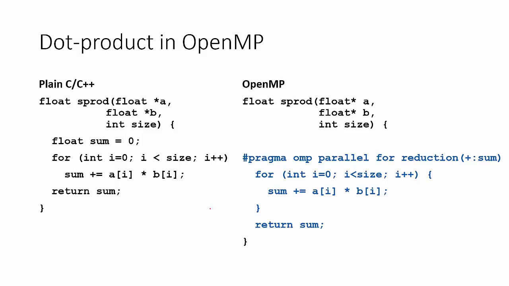With OpenMP, we keep the sequential code completely intact. We only have to specify that we want to execute this for loop in parallel, and that sum is a reduction variable. That's all to it. It will do what it takes to thread this code, make sure the iterations execute on different threads, and also make sure that the result is correct by specifying that the sum is a reduction variable, which we reduce over.